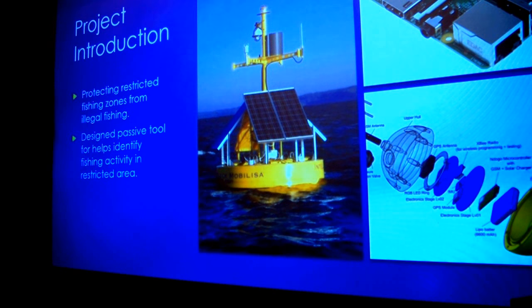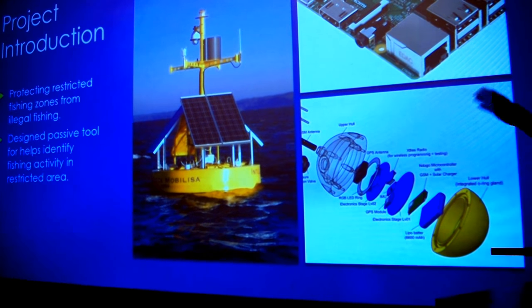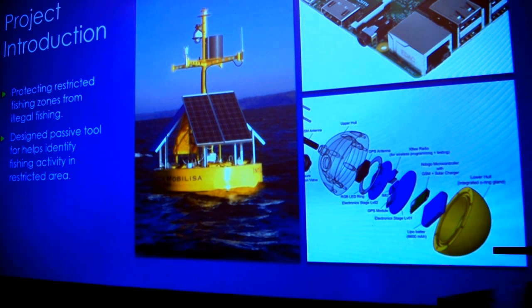For that, we designed passive tools to help identify fishing activity in restricted areas. Currently there are solutions like buoys, as you can see in this picture, but they're really expensive for operation and construction, and it's really difficult to use them for each area and manage them.